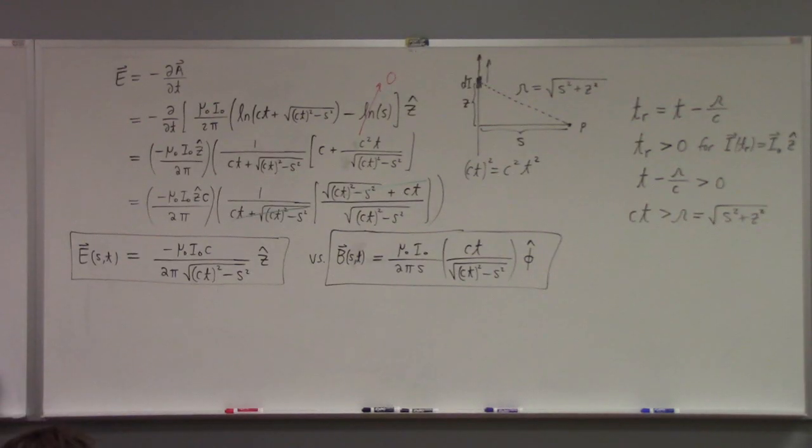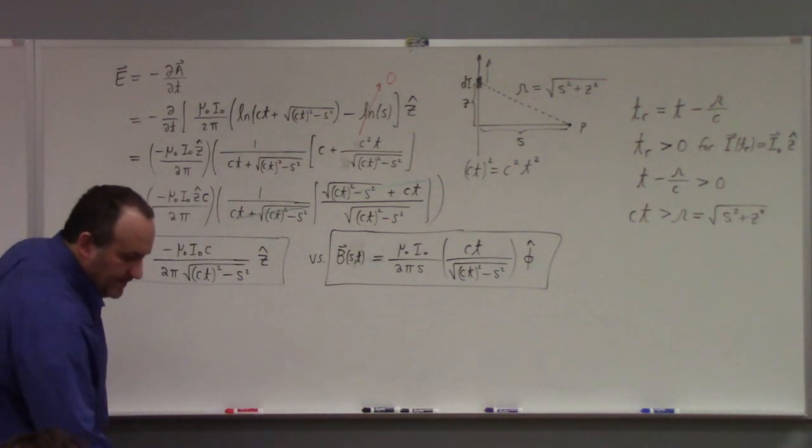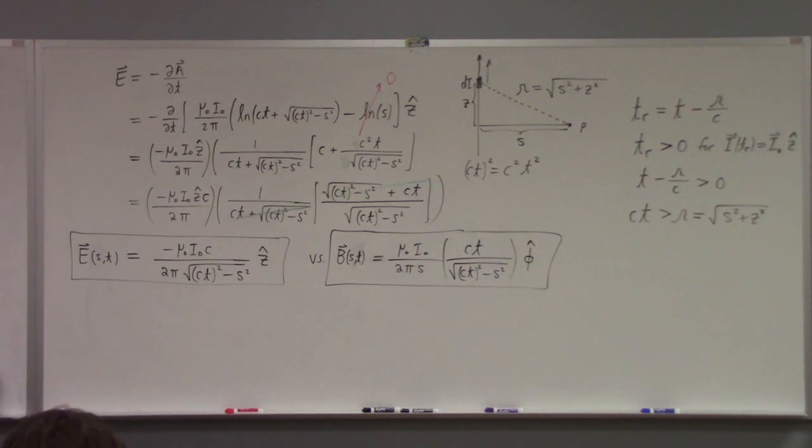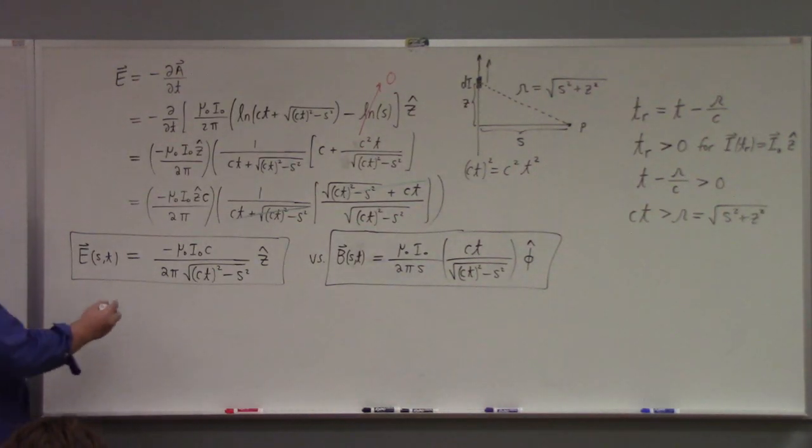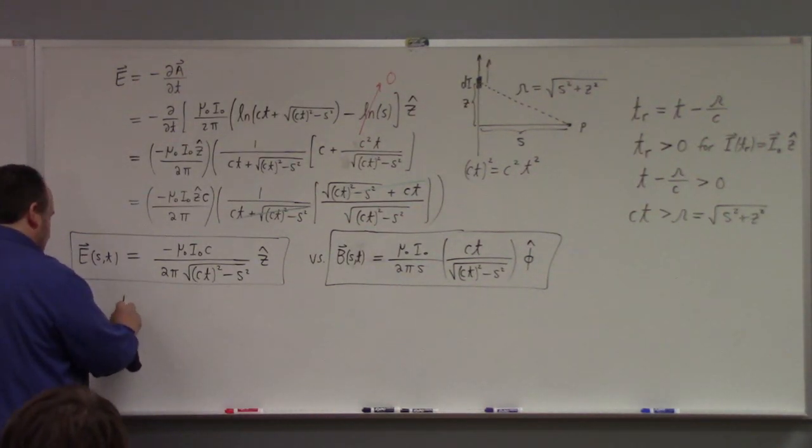Does this make sense? These formulas, do they make sense to you guys? So what happens as t goes to infinity? What happens?